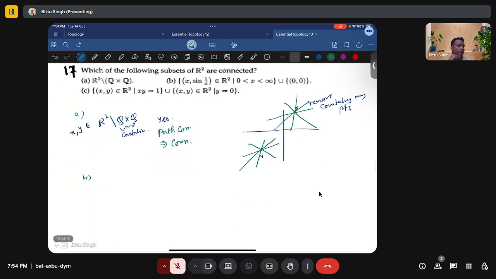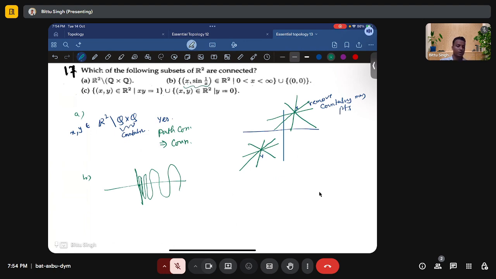B: (x, sin(1/x)) and the origin is also there. It will look like this. We know that (x, sin(1/x)) is a graph.